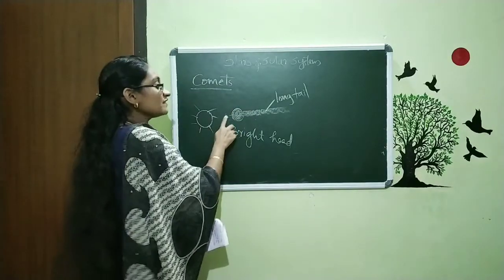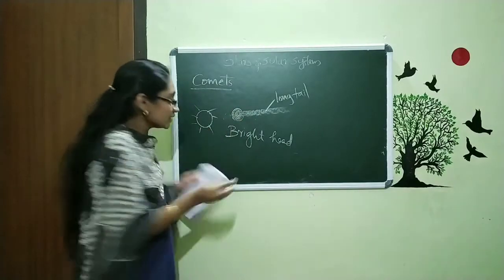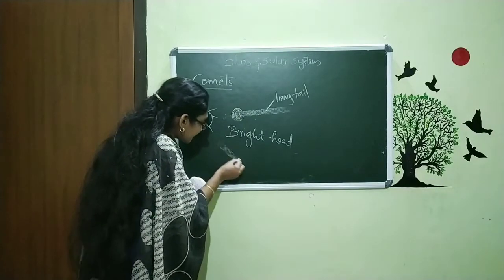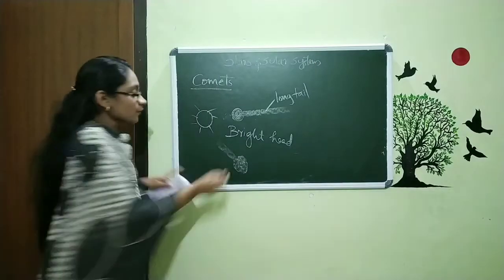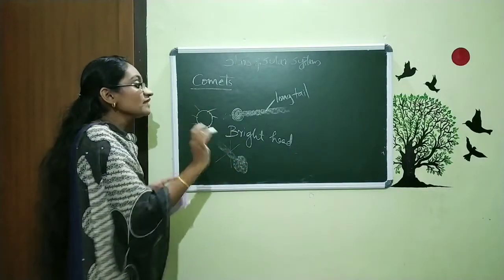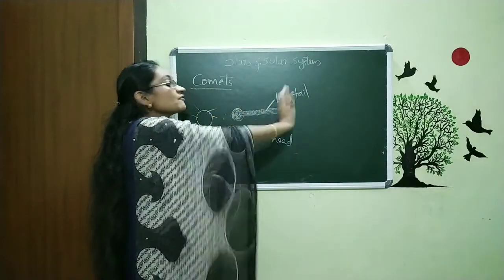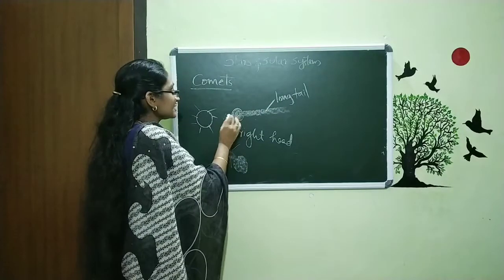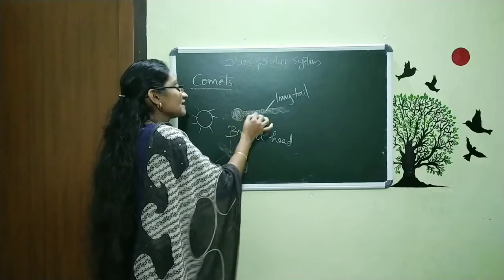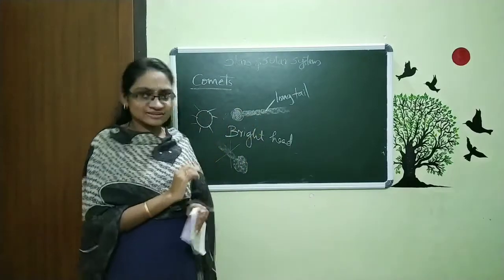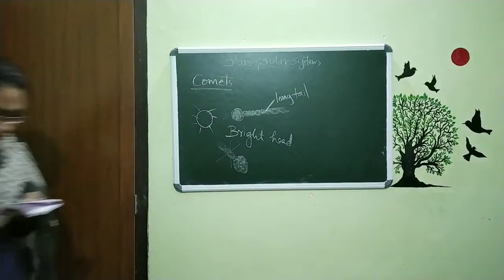It is not possible that the tail is here and the head is there. That means the tail is always away from the sun. What is near to the sun is the head part, and the tail is away from the sun. Very simple.